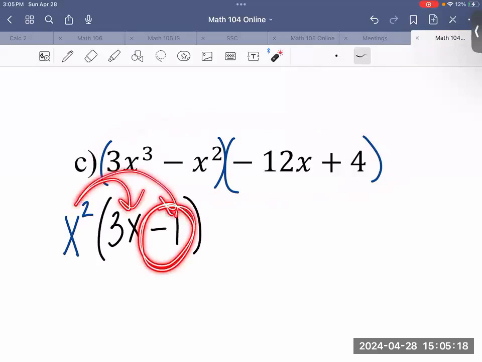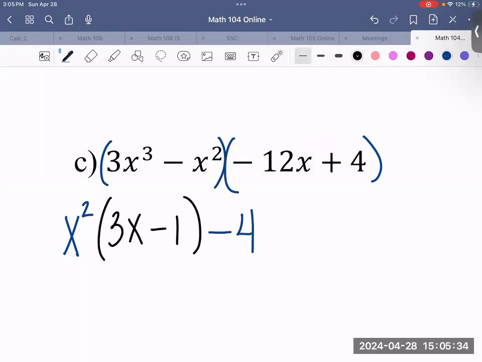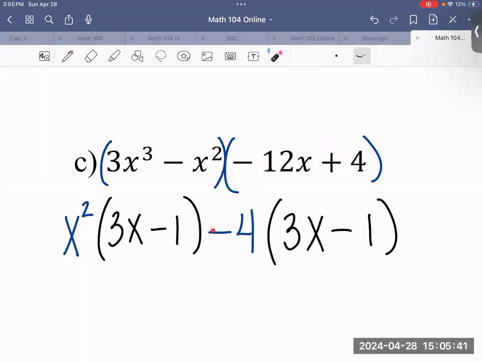Otherwise, when you go to distribute, it might not work and look the exact same if you don't leave behind the 1. Doing it again, notice that this one has a negative and this one is positive, so be super careful on your sign changes. So we're going to be factoring out a -4 to make a positive 3x minus 1. Let's say you did not take out a negative, instead you did a positive.